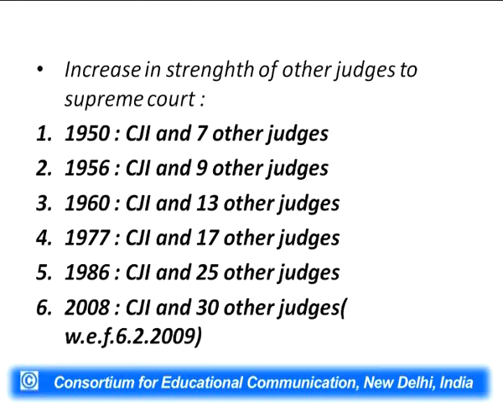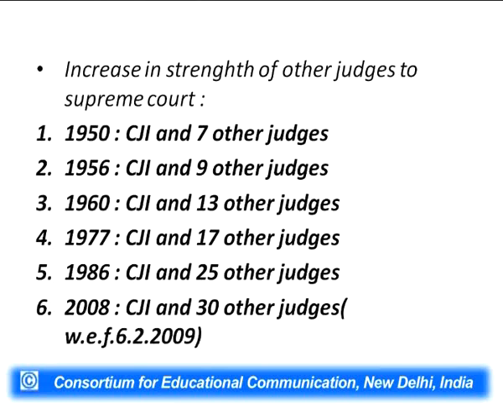In 1956, the Parliament decided to increase the number of judges, and the total number of other judges was increased to 9. Then again in 1960 this provision was amended, and the number of other judges was increased to 13.